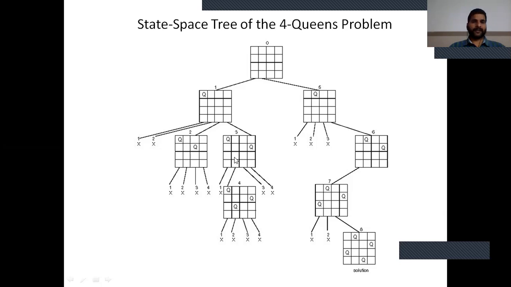We can easily place it in 2, but 3 is diagonally attacked. After placing the third queen in the second column, for the last queen 4 we have options 1, 2, 3, 4. We cannot place it because each queen attacks either diagonally, column wise, or row wise. So we cannot achieve the solution.